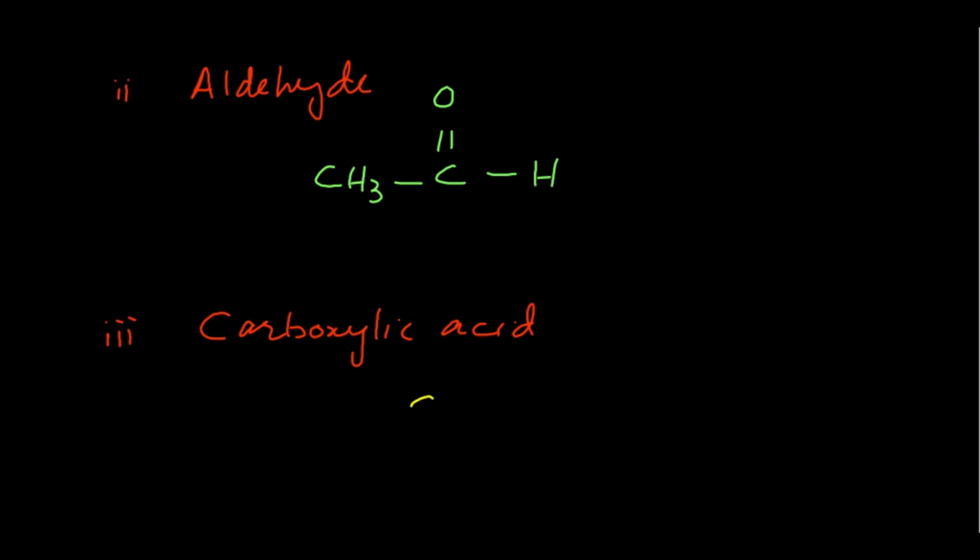Now the next molecule which is given is carboxylic acid, and we are asked to write its condensed structural formula. 2 carbon carboxylic acid, that is CH3, C double bond O, OH. This is the condensed structural formula of carboxylic acid having 2 carbon atoms. I hope this is clear to you, students.